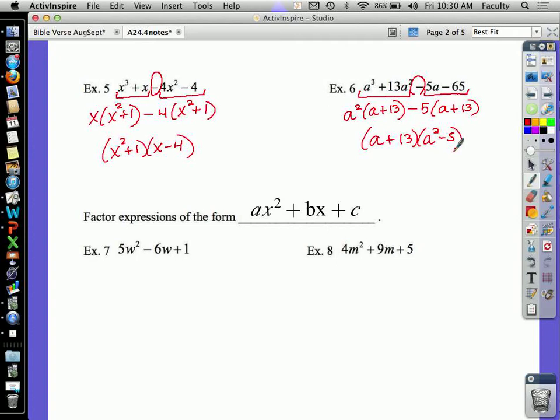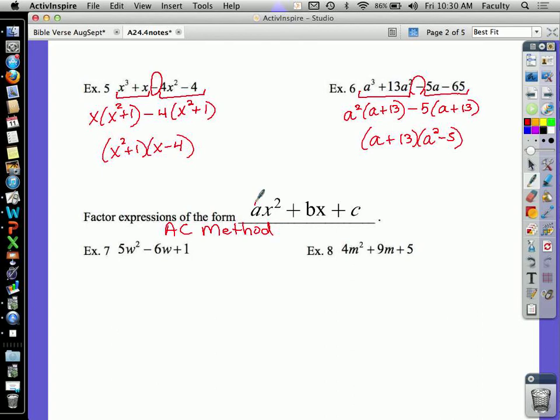All right. So now we're going to help Carmel with what she did last night. If you have ax squared plus bx plus c, we're going to use what's called the AC method. I'm actually going to show you trial and error as well, but for several of you, you might like the AC method.